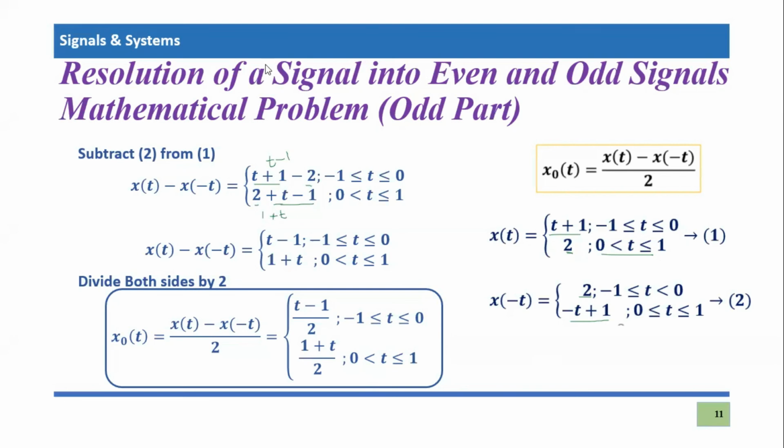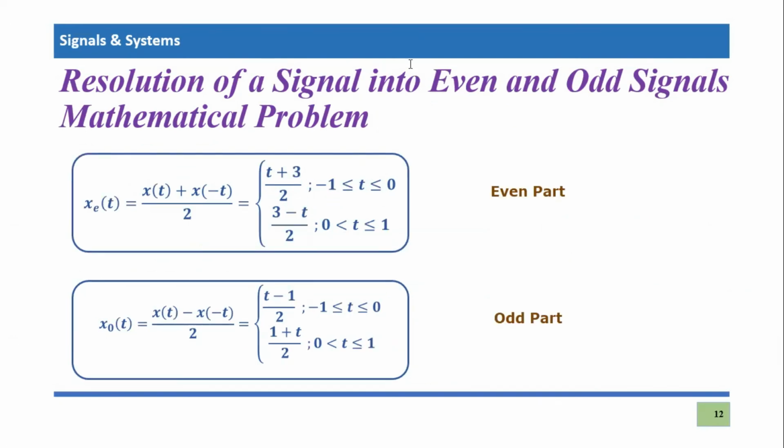If I'm going to conclude the odd and even parts, their equations according to these formulas that we have calculated, those would be this one, x of et, which is basically calculated using this formula, x of t plus x of minus t over 2, meaning division by 2. And this is the final equation for the even part, right? And for the odd part, we actually use this formula, x of t minus x of minus t divided by 2. And this is the final equation for the odd part.